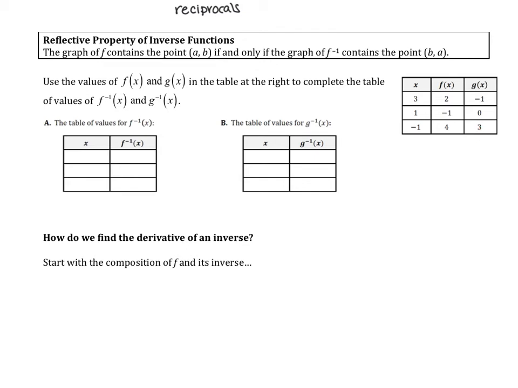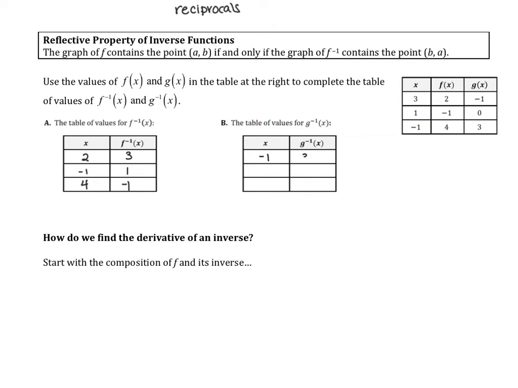then to make a table of values for the inverse of f, all that we're going to do is switch the x and the y. So for example, x here would be 2, and the inverse of f at that point would be 3. -1, 1, 4, -1. And the same thing with the inverse of g.